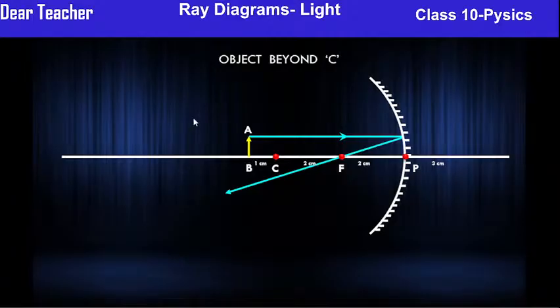This is the first ray. For the second ray, you have to draw through the focus from A only. From A, two rays: one ray is parallel, one ray is through the focus. Then it will become parallel.